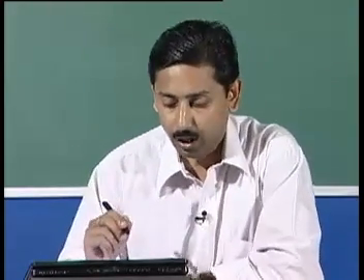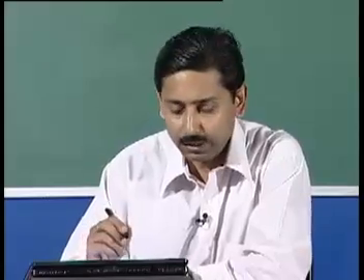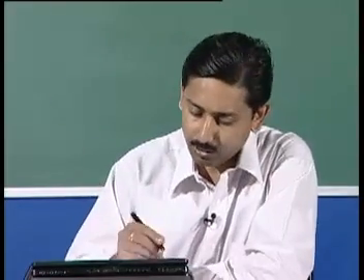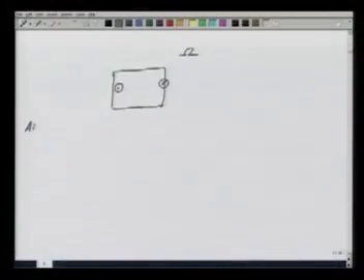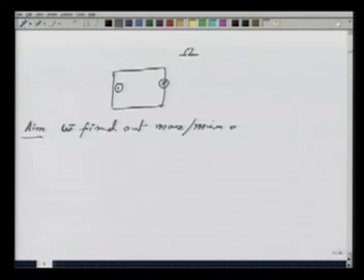So our viewpoint is that when any point in the interior is a maximum or minimum of a function, that I want to find out. Okay. So our aim is to find out local maximum or local minimum of a continuous function f in the interior of omega.